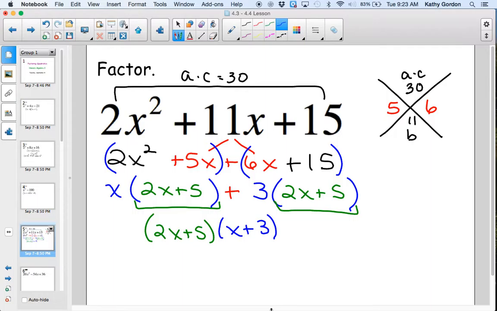This always works. If it can be factored, you can do this. If you're going through this process and you end up not getting a match here, then that probably means what you're working with can't be factored in the first place. Okay? So that's one possibility.